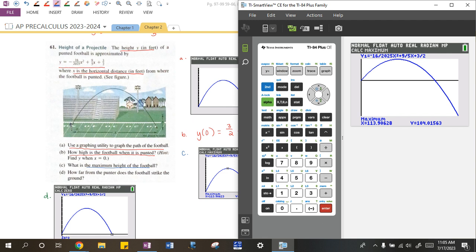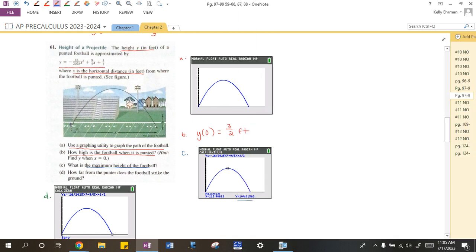The question was, what's the max height? So that's the y value. So I've got it right here. So the max height is about 104.01, and this is feet.